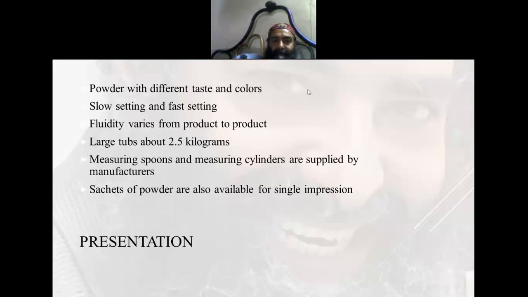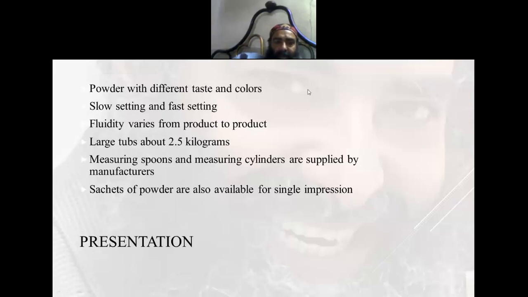Fluidity, its flow, also varies from product to product. Large tubs you may see, but nowadays they come in plastic bags.